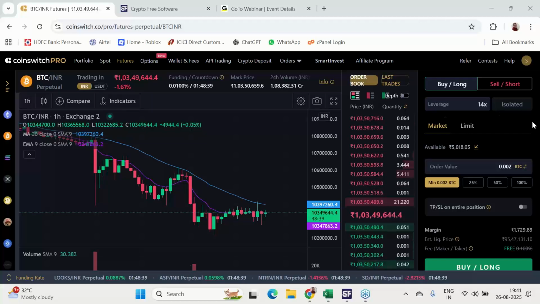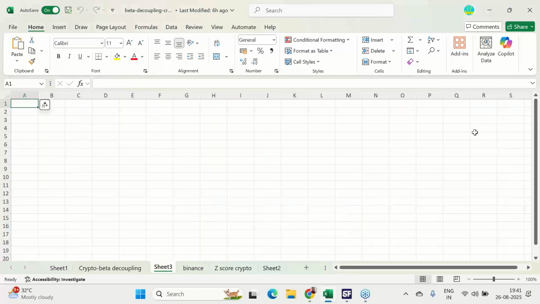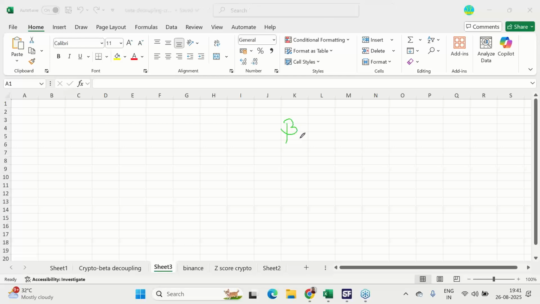Some people get confused between beta and correlation. Correlation is the probability. Here I have used the term beta. Beta is a relationship between x and y.